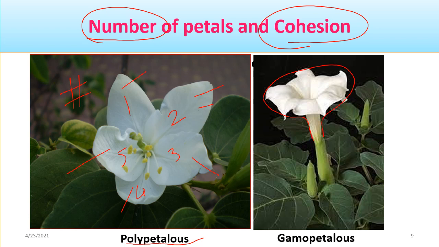So they are fused with each other, and hence that condition is called gamopetalous condition. So this is called cohesion. This cohesion is with respect to calyx, corolla, androecium, and gynoecium. So one to one, calyx to calyx, corolla to corolla, androecium to androecium, gynoecium to gynoecium. This is called cohesion. So it is of two types, polypetalous and gamopetalous.